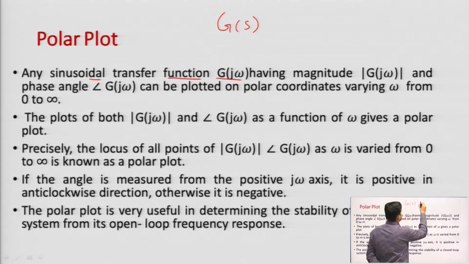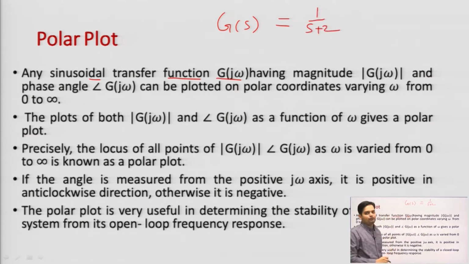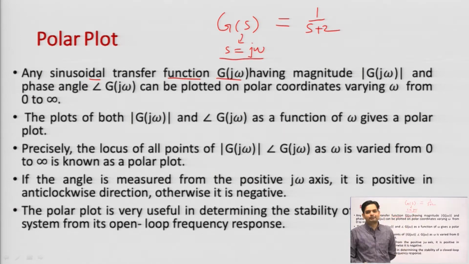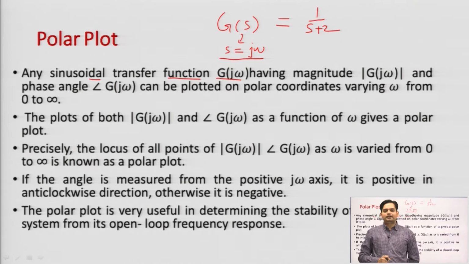Suppose G(s) given is 1 over s plus 2. To write the sinusoidal transfer function, I need to replace s by j omega. I discussed this concept in the previous lecture. Whenever we replace s by j omega, it becomes a sinusoidal transfer function.